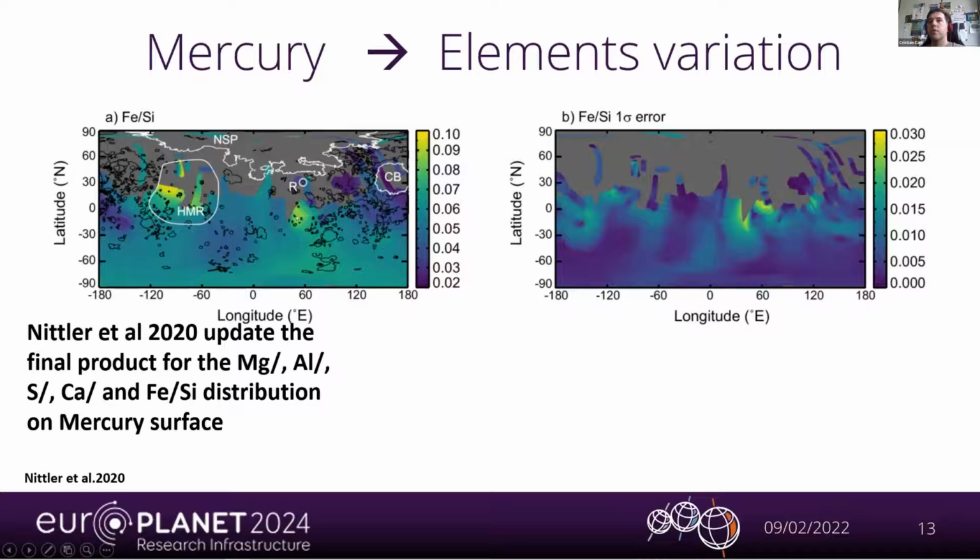So those regions are still under debate whether they are really enriched in iron, or whether there is much more effect of the error on the information. So it is something that has to be better considered from the analysis of this data.